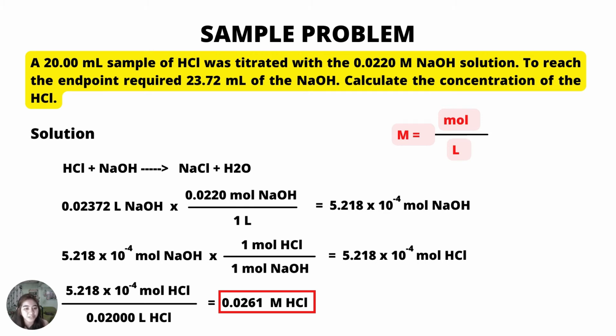So we have here 0.02 liters of hydrochloric acid is equal to 0.0261 molarity of hydrochloric acid, or the concentration of the hydrochloric acid.